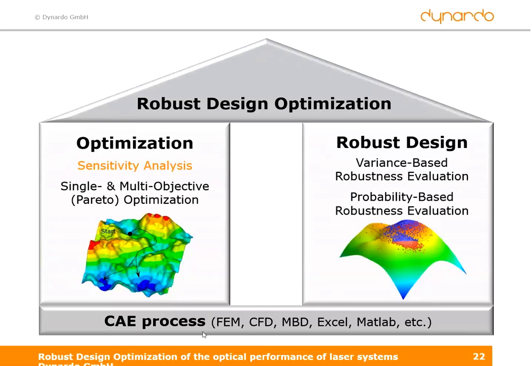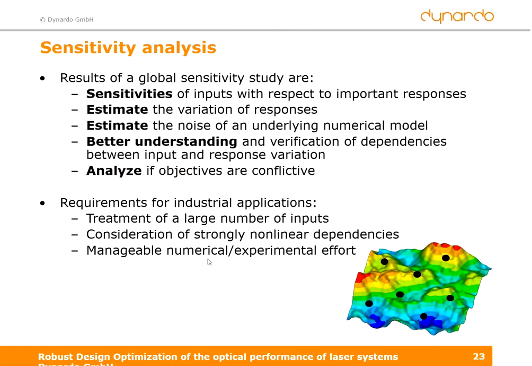So after the integration of the process of VirtualLab, we can now do the sensitivity analysis, which means we will find out the sensitivities of the inputs with respect to the important responses. And we can estimate the variation of the responses.